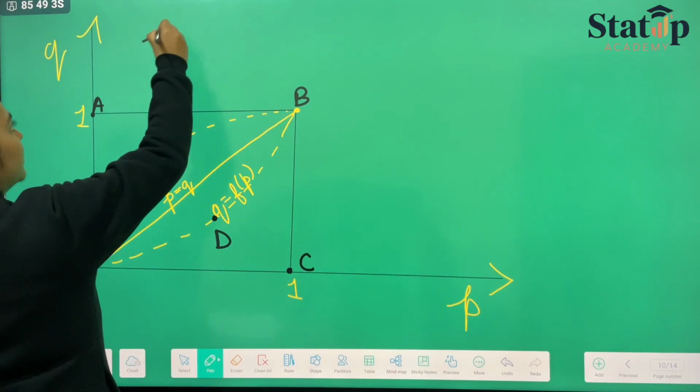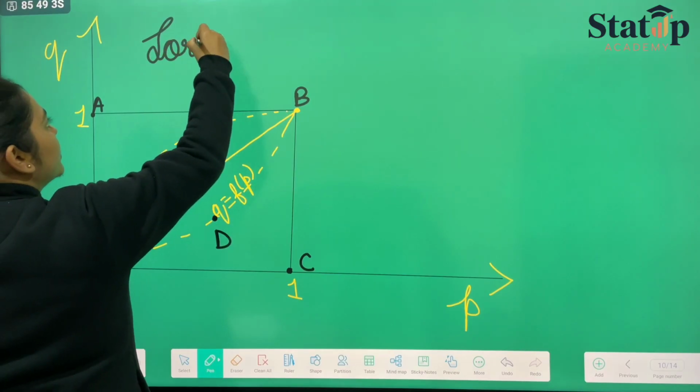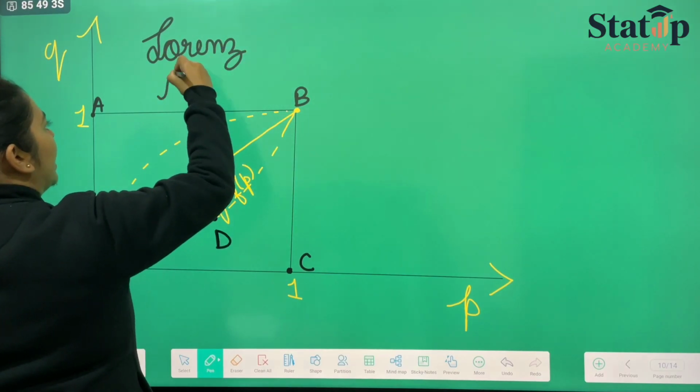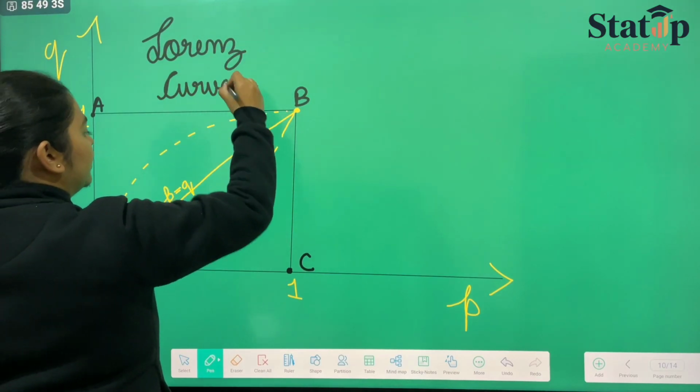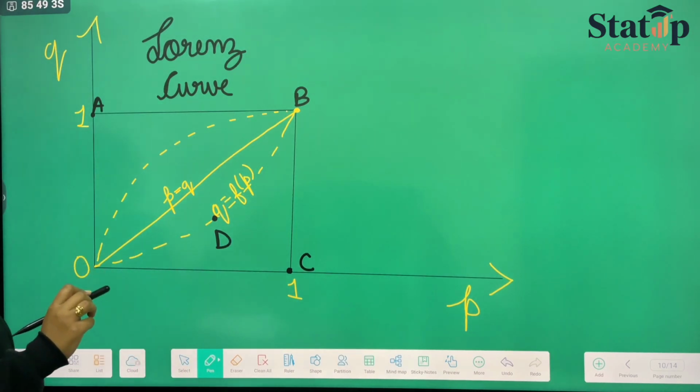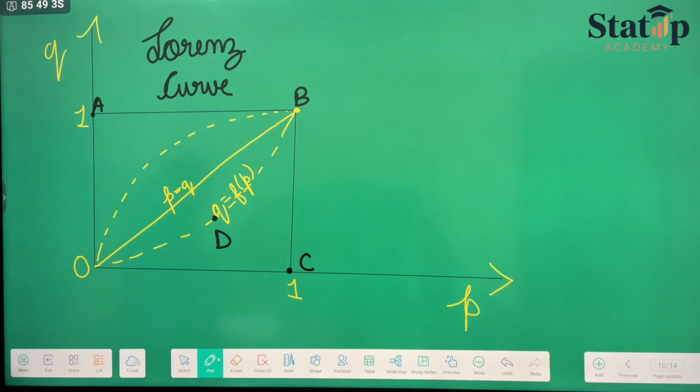This curve, by the way, is known as the Lorentz curve, and the dotted curve here is known as the Lorentz curve, and it has been asked many a times in our PYQ, especially in 2022 latest. So it holds very much importance.